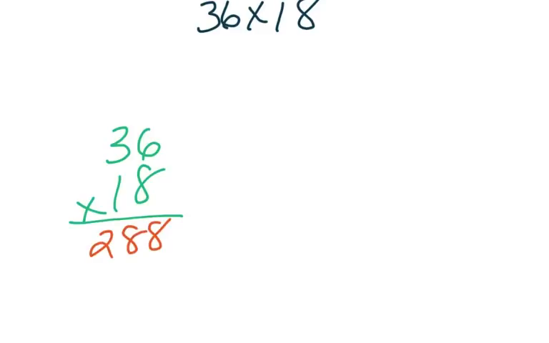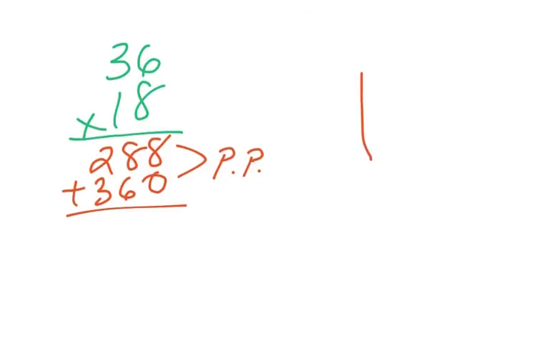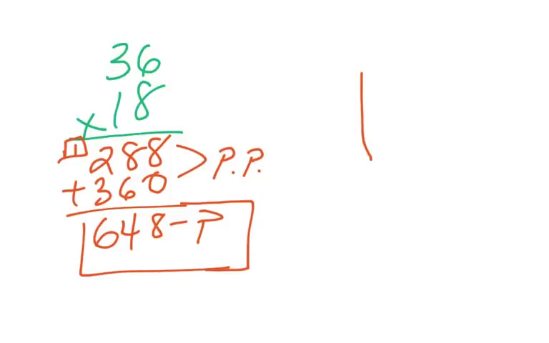And then 10 times 36 is 360. We add up our partial products. Then 8, 4, 6, because I regrouped 1, is 648, which is our final product.